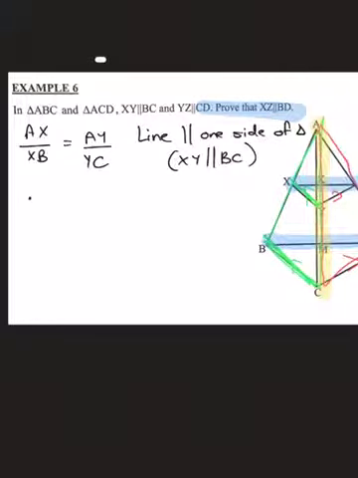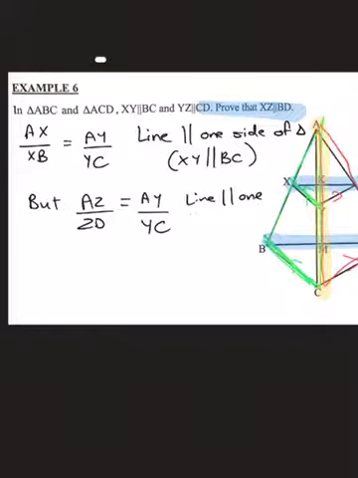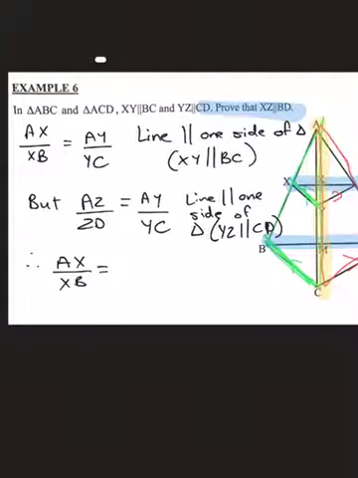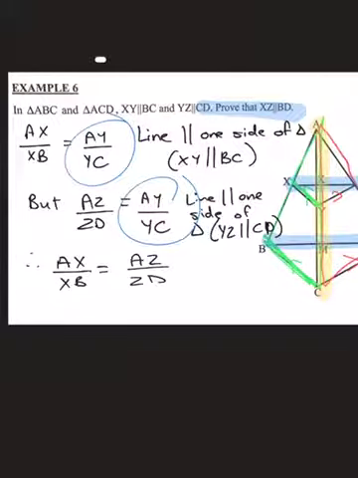And then AZ over ZD is equal to AY over YC because we have a line parallel to one side of the triangle that they gave you, YZ parallel to CD. Okay, so then you'd say, therefore, AX over XB is equal to AZ over ZD. You don't have to give any other reason. It's just a logical flow from there.